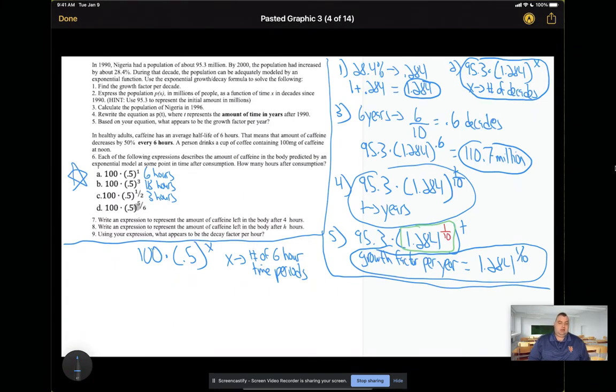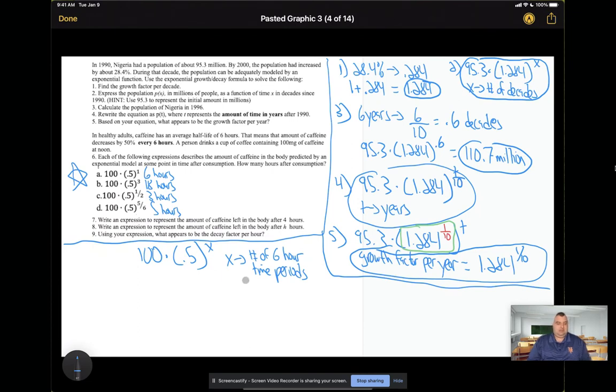Plugging in 5/6 for x would mean 5/6 of a 6-hour time period. Well, what is 5/6 of 6 hours? That's 5 hours. So the key is, again, to remember that just like in the first setup, where x represented decades, down here, x represents the number of 6-hour time periods.